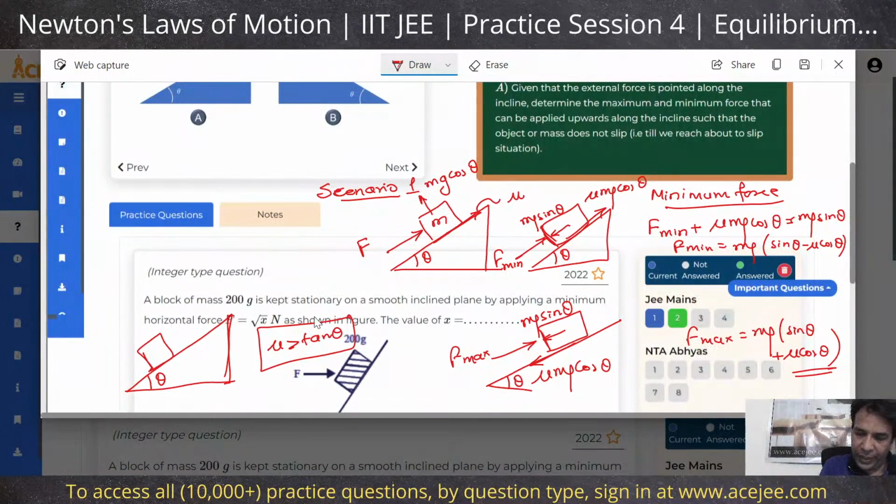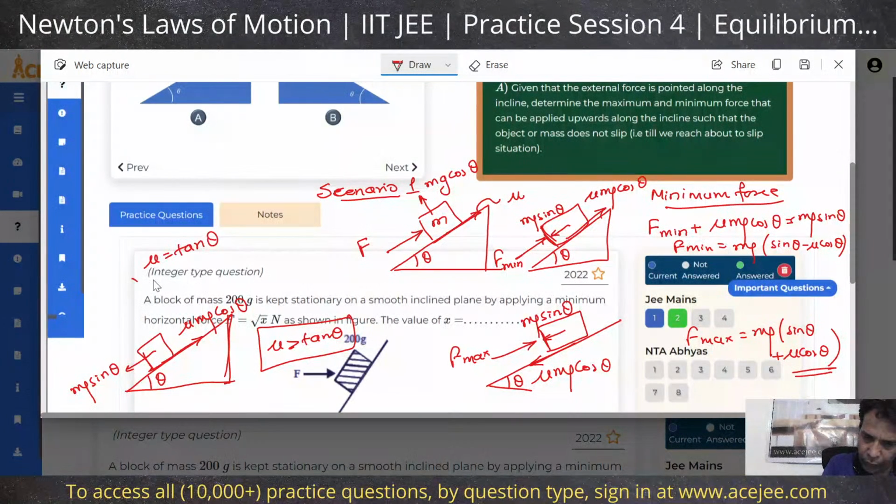So mu greater than tan theta means if you leave the block without applying any other external force besides the gravitational force, the normal force and the friction force, then the block will not slide downwards. Why? The maximum friction force here is mu mg cos theta, and this is mg sin theta. In the about to slip situation, mu will be tan theta.